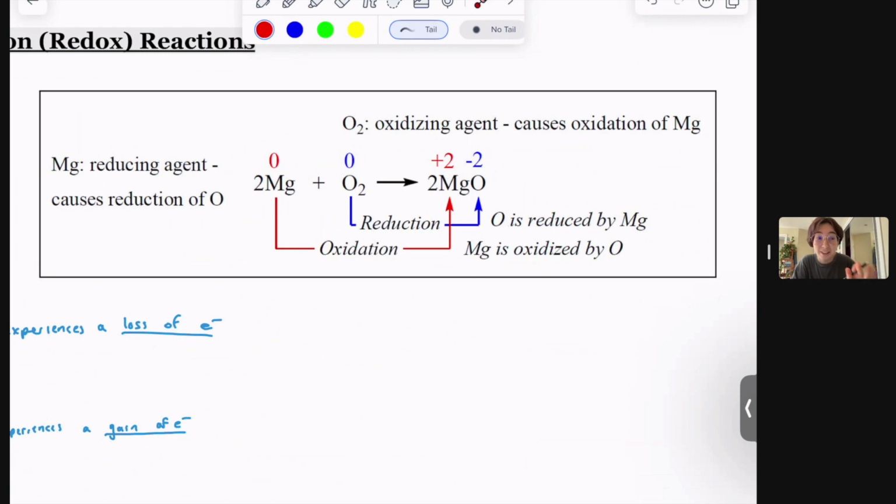Okay? So I think that's the easier part to recognize, or what I would always start with personally, is which one is getting oxidized, which one's getting reduced, and those are always going to be an element. And then it's your reactant species that is the agent. So notice here how magnesium got oxidized, but that means it's the reducing agent.